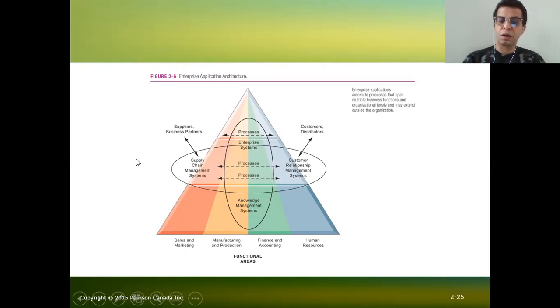The CRM system is connected to and serves the customers. The supply chain system serves the suppliers for us, and we are the customer here. We are the supplier for the customer on this side. And the processes happen within the enterprise, along with the knowledge management system.